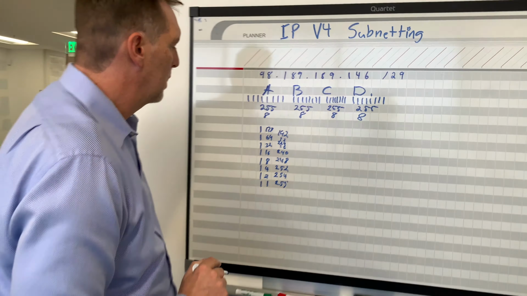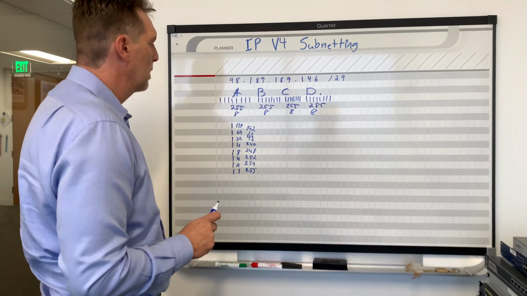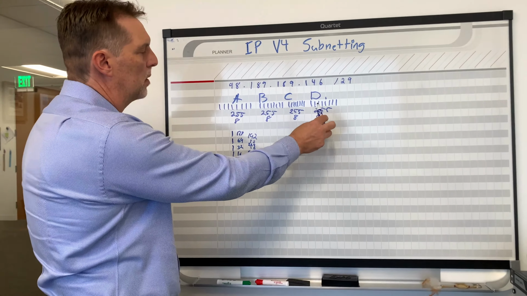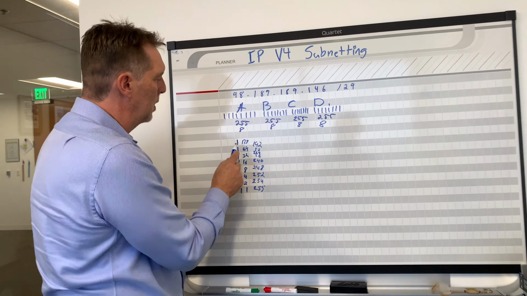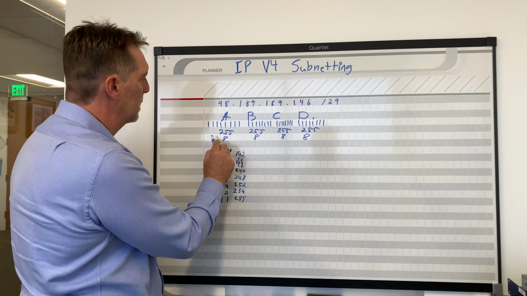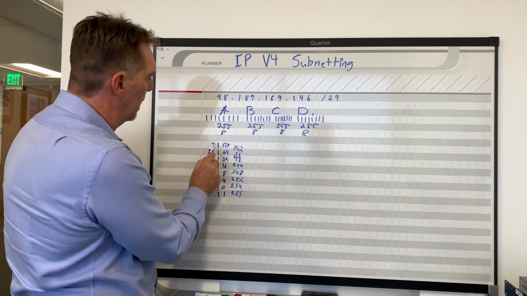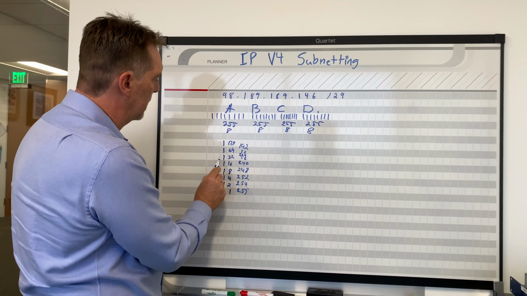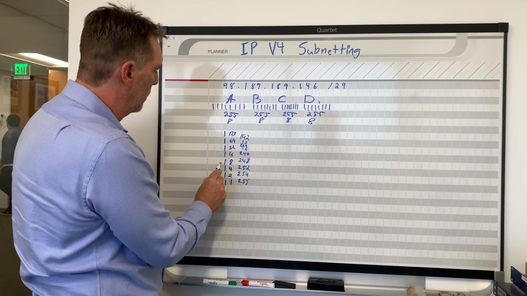Okay, so when we add these up, this is going to be in the 4th octet, and we're going to say, so this is going to be 24, and then 25, 26, 27, 28, 29. So you know a /29 is going to be a 248.